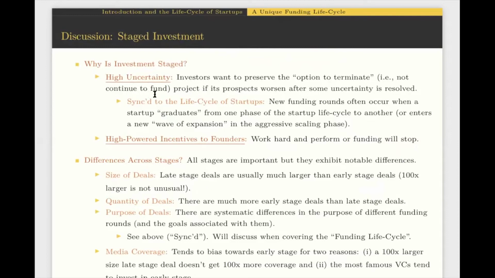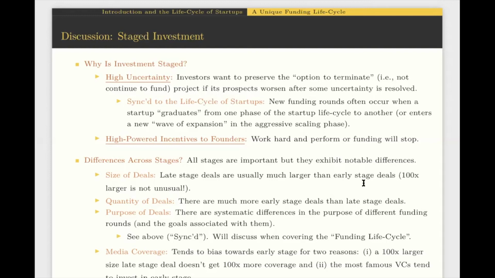A few other things that I'll mention in terms of stage investment. In terms of size of deals, as I mentioned earlier, there are some notable differences between early stage and late stage. Late stage deals involve larger financial amounts than early stage ones.